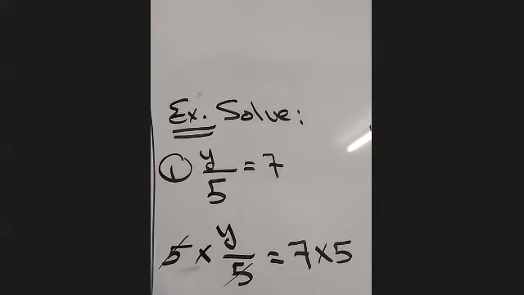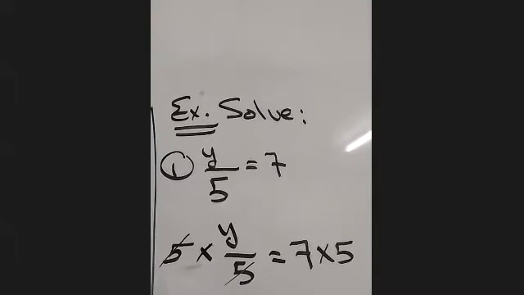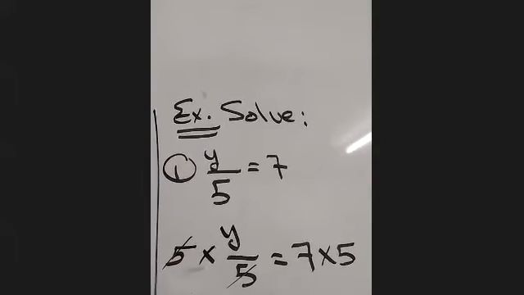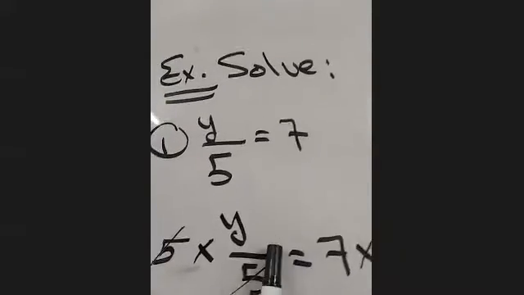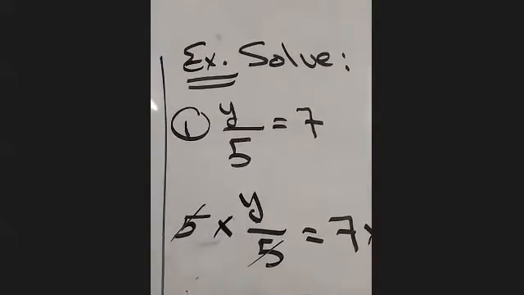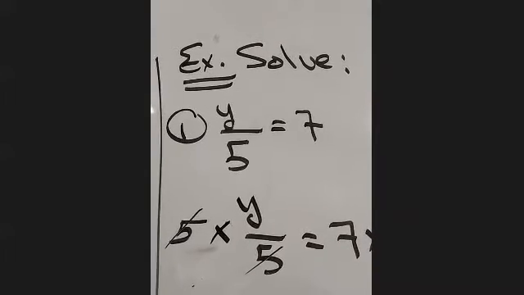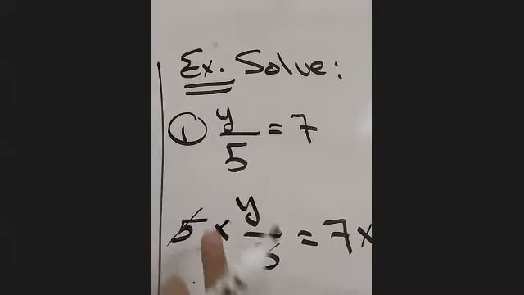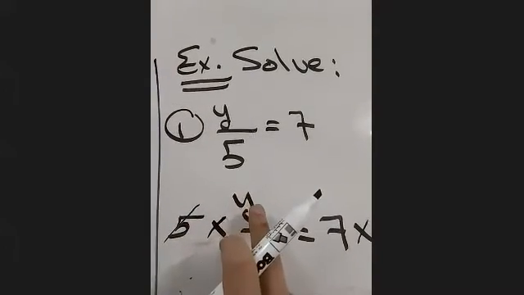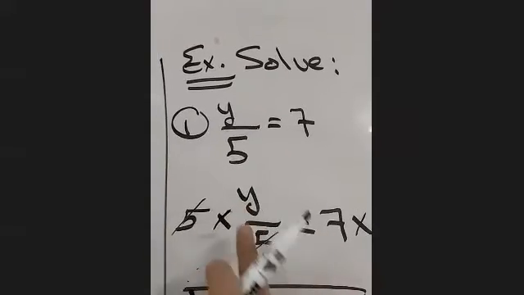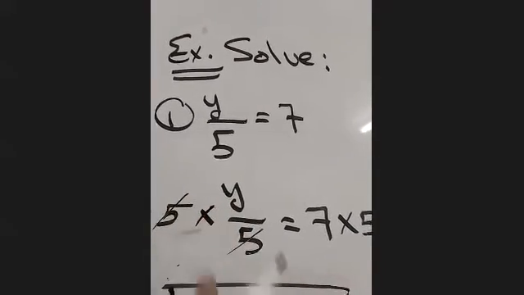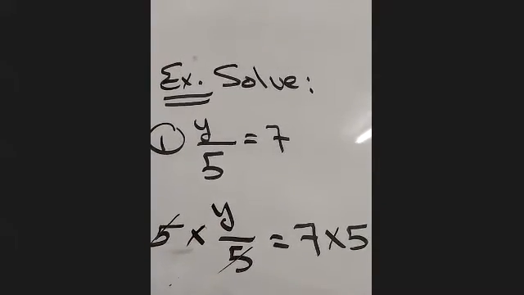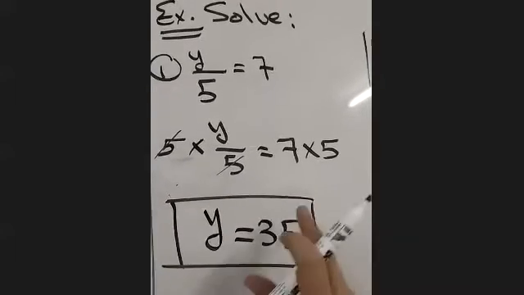Then these 5s will be gone. Why is this 5 gone with this 5? Because 5 multiply y is 5y, over 5, the 5s will go. It's 1. 5 divided by 5, right? Yes. And 7 times 5, 35.